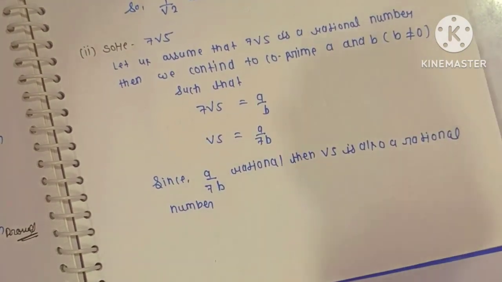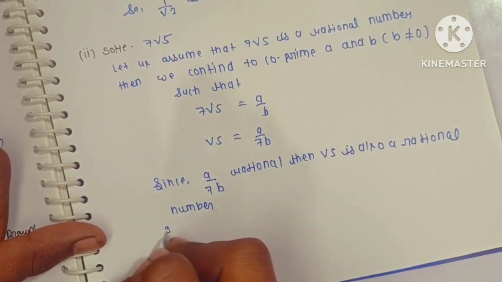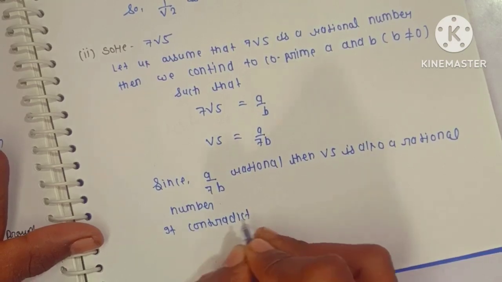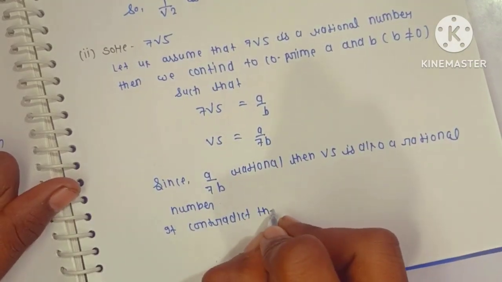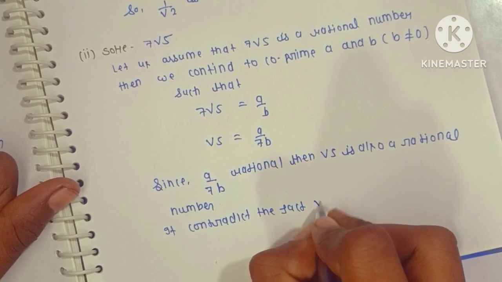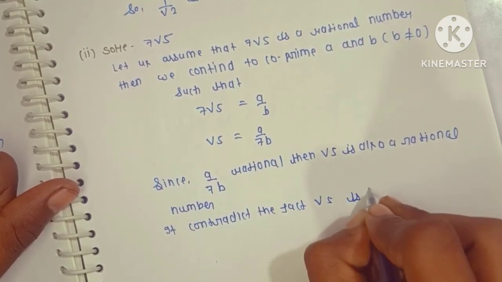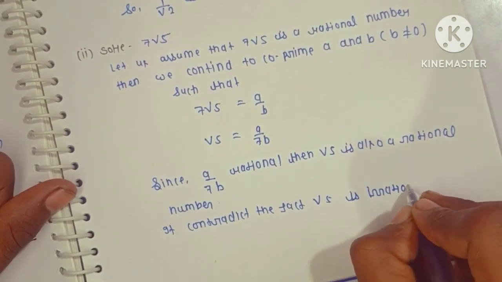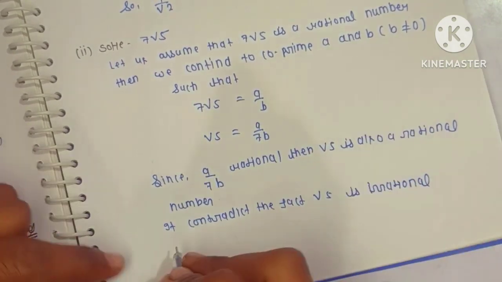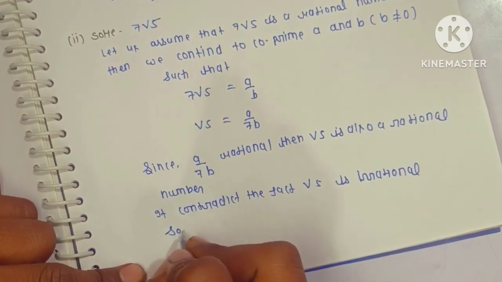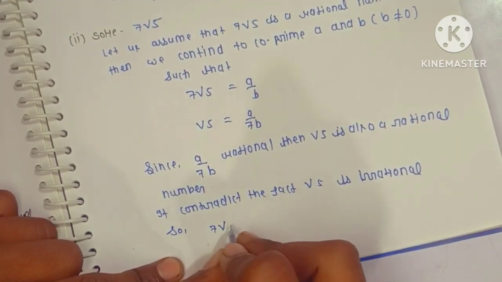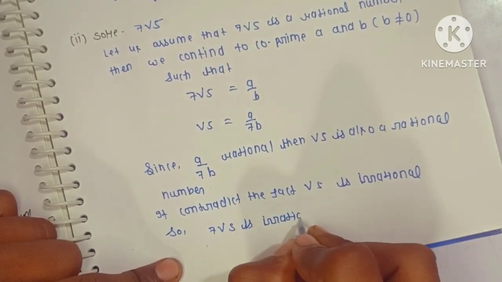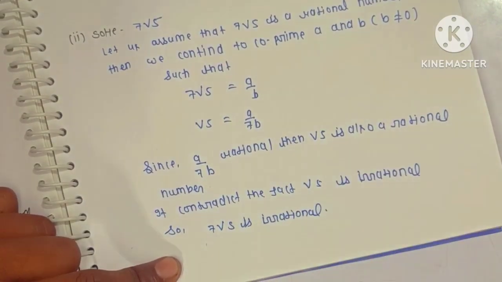It contradicts the fact that root 5 is irrational. So 7 root 5 is irrational. Proved.